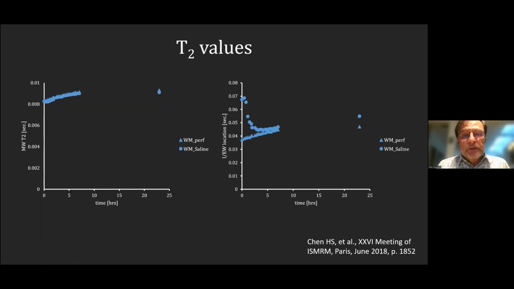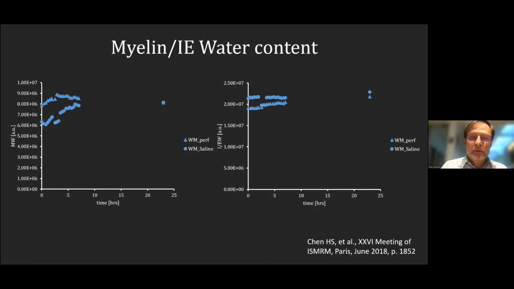The T2 values didn't really change much for the myelin water. There was a slight increase. For the intra-extracellular water, it was interesting to see a very steep drop of the T2 value initially, and then slowly increase following the trend of the saline perfused cords.